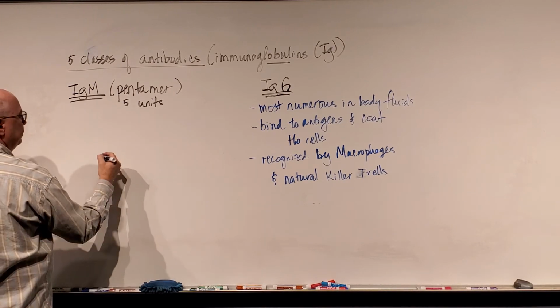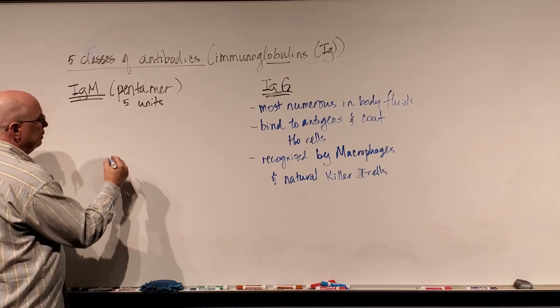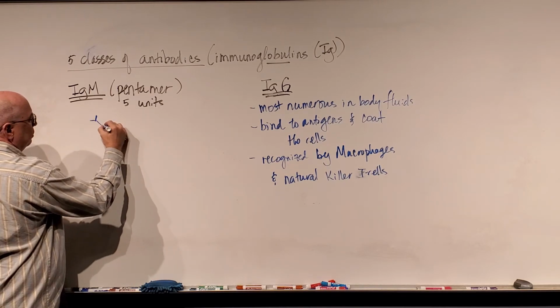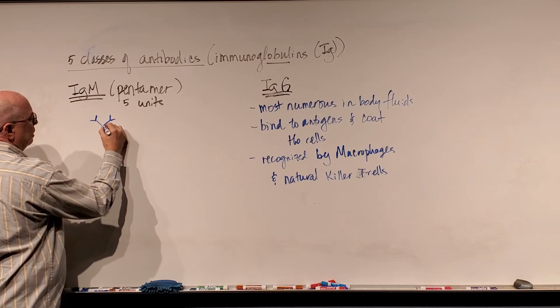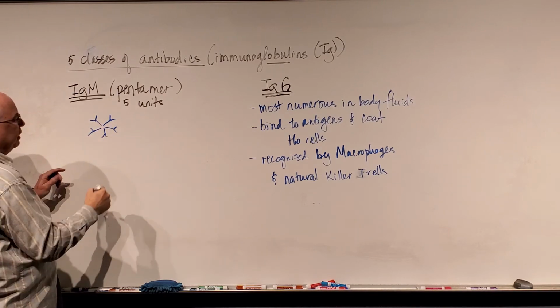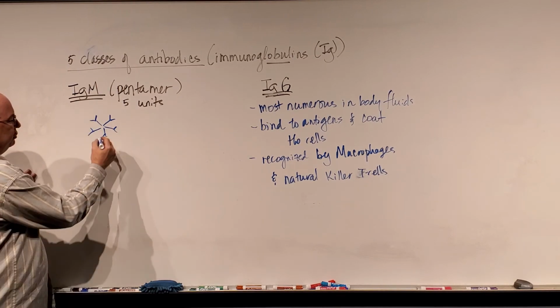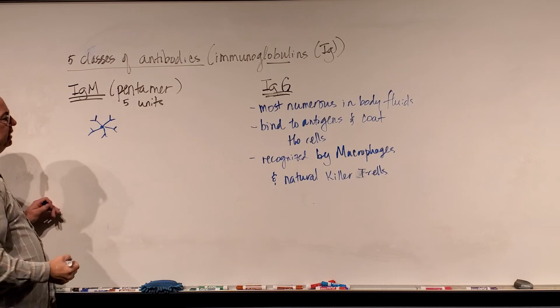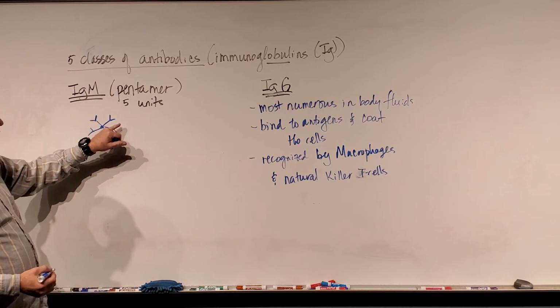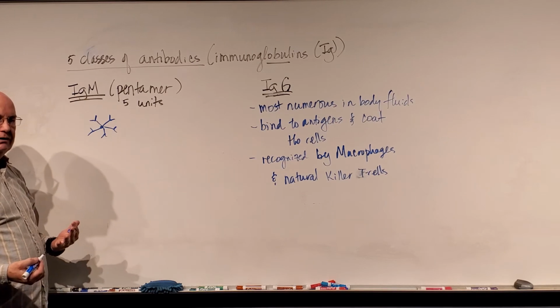Essentially the constant region of these will interact with the constant region of 4 others. And so I have 1, 2, 3, 4, 5 of these IgM molecules all stuck together, and then the variable regions out here will all recognize the same surface antigen.